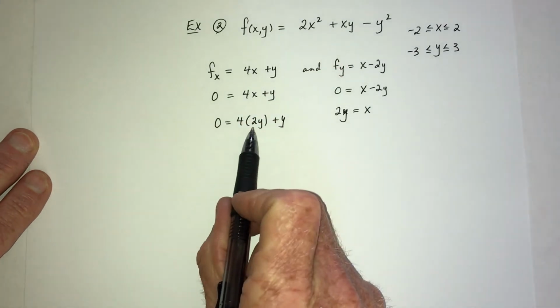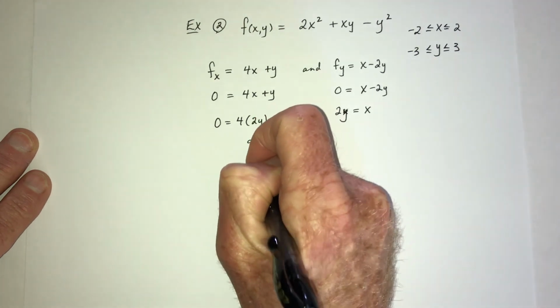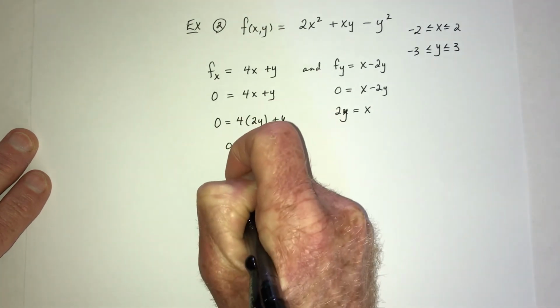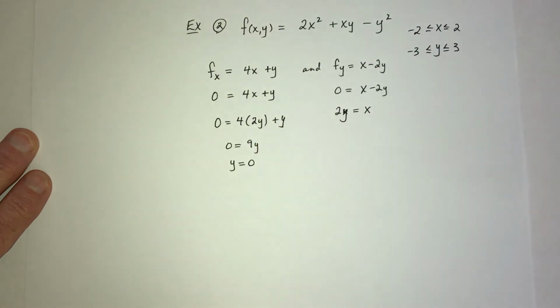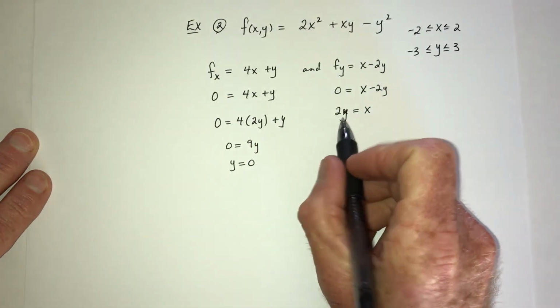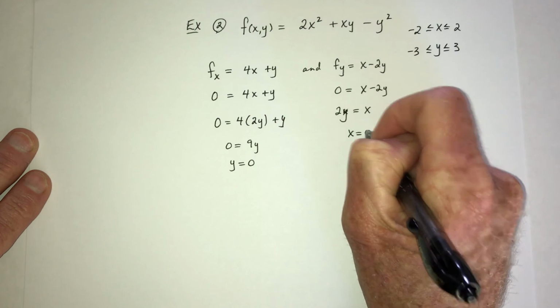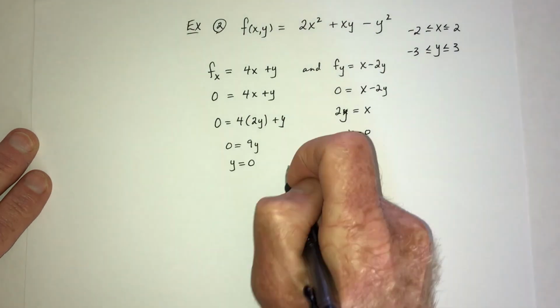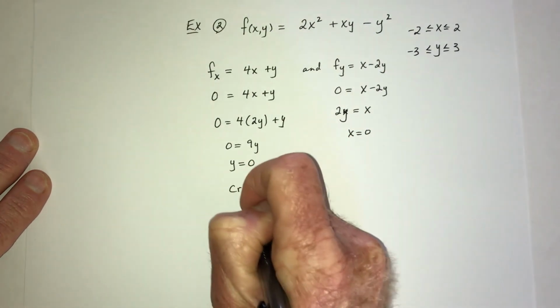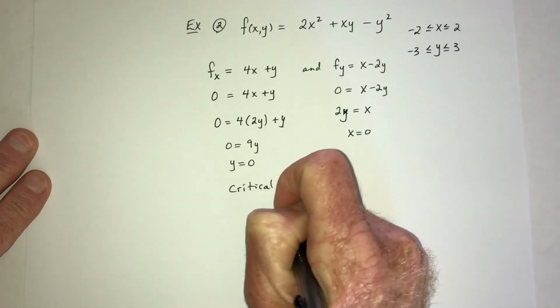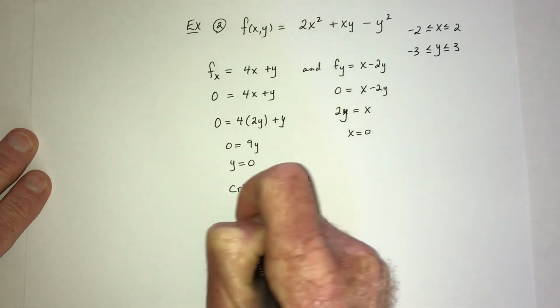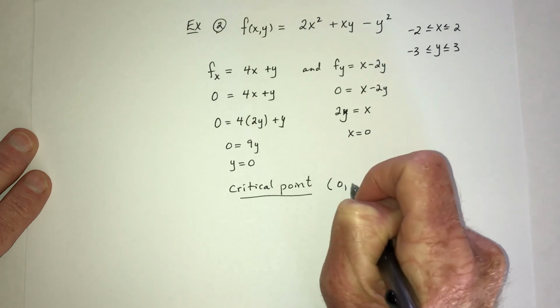So this says 8y plus 1 more, in other words 9y equals 0. So that means that y equals 0. Plug that in over here, and it's going to say x equals 0. So the only critical point that we get is 0, 0.